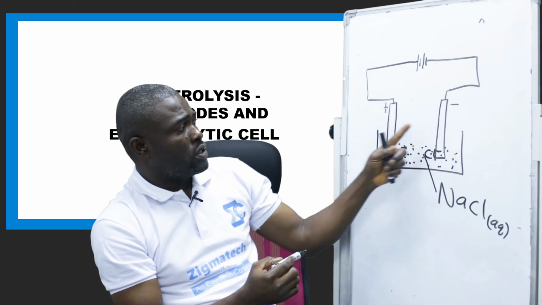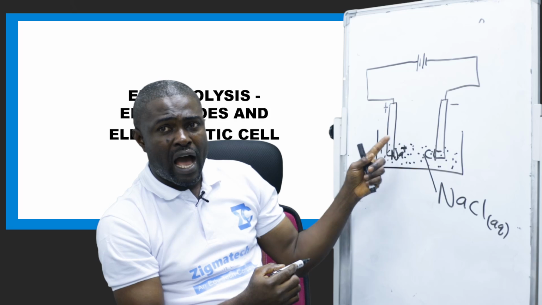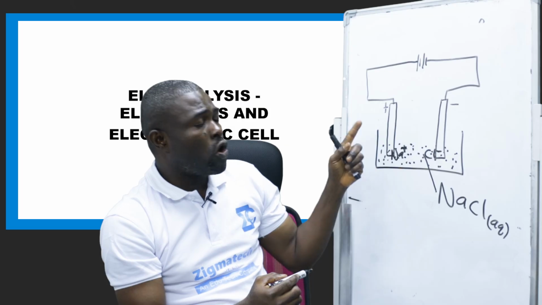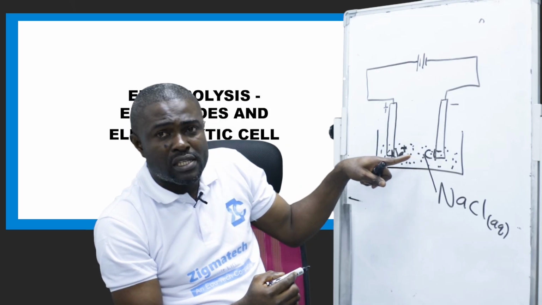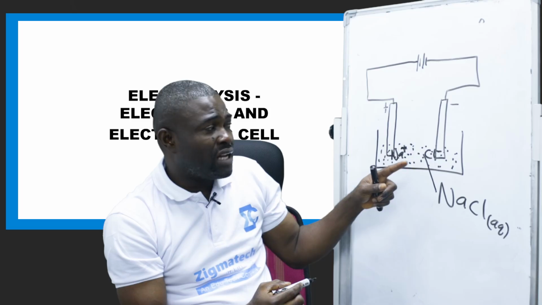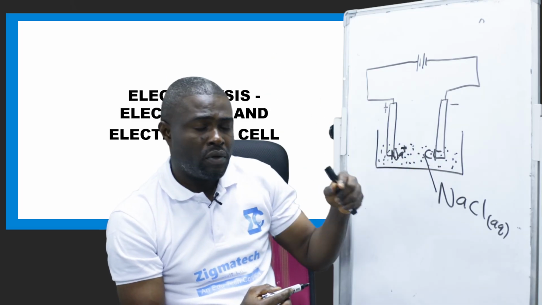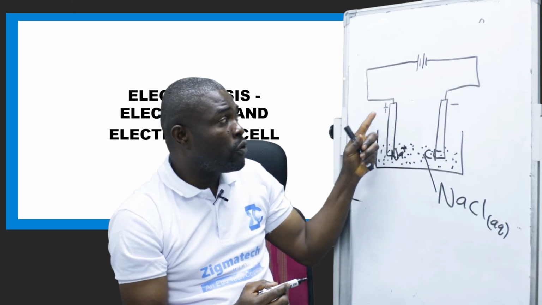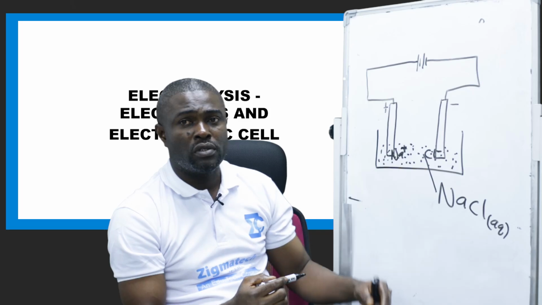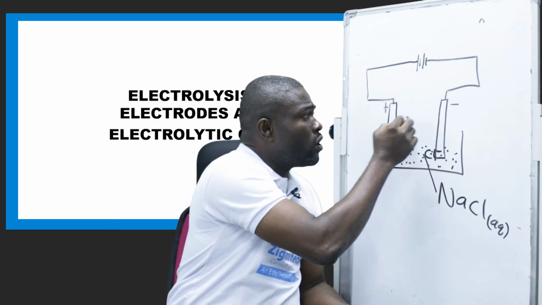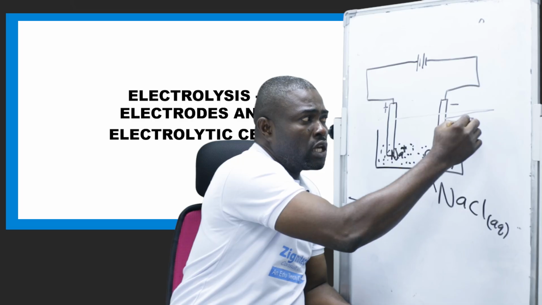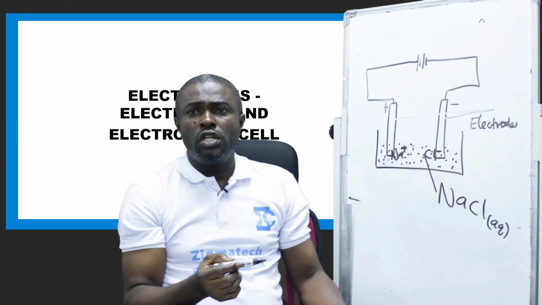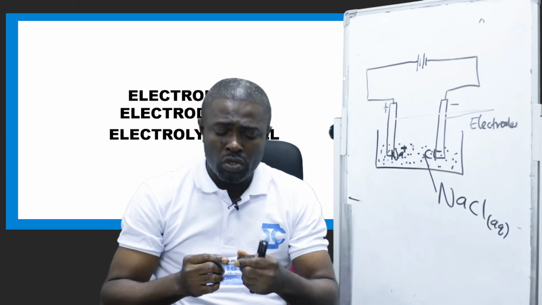These two rods are serving the same purpose, in the sense that current will enter inside this electrolytic cell through one of them, and finally leave from the other rod. We have two rods there, the positive one and the negative one. These two rods are called electrodes.